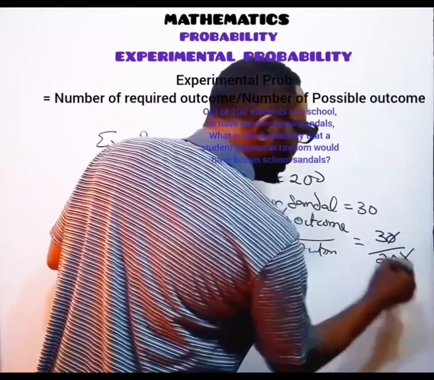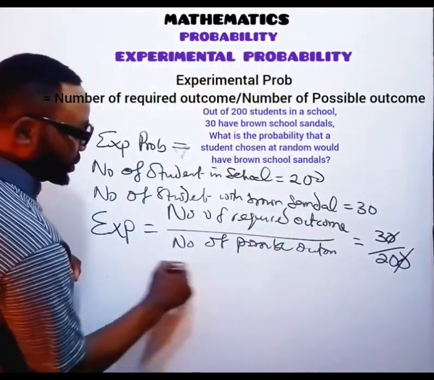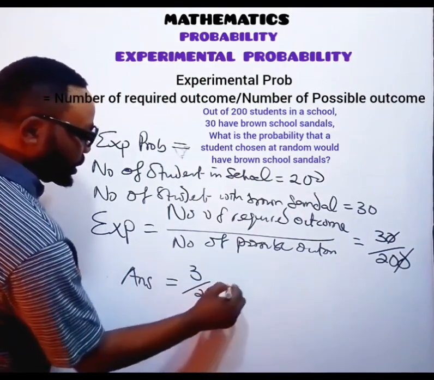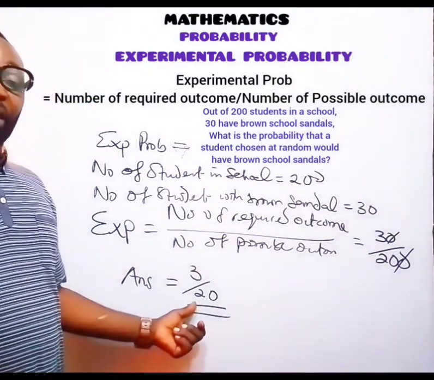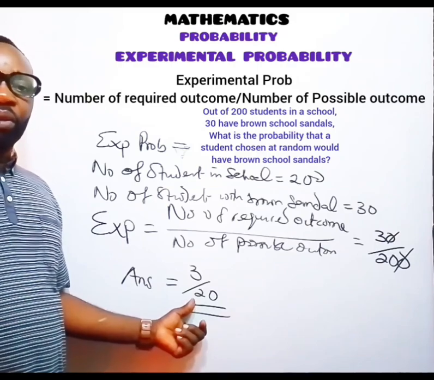If you cancel the zero with the zero, we have the answer equal to 3 over 20. This is the probability that if a student is picked at random, that student will wear a brown school sandal.